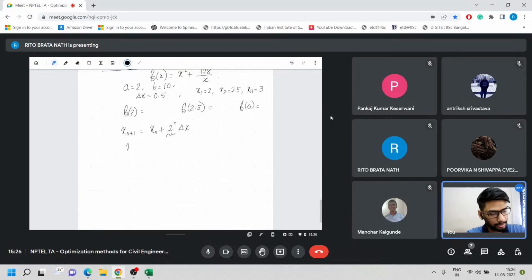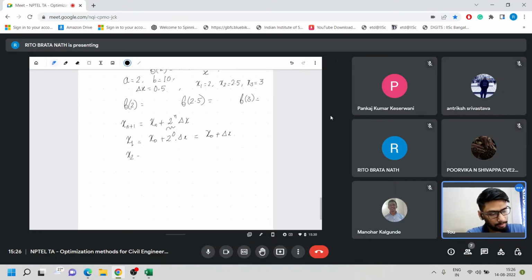Suppose you start with some x naught, and when you evaluate x1, it's x naught plus 2 to the power 0 times delta x, which is x naught plus delta x, as before. But for the next update, it will be x1 plus 2 times delta x, and the next one will be x2 plus 4 times delta x.